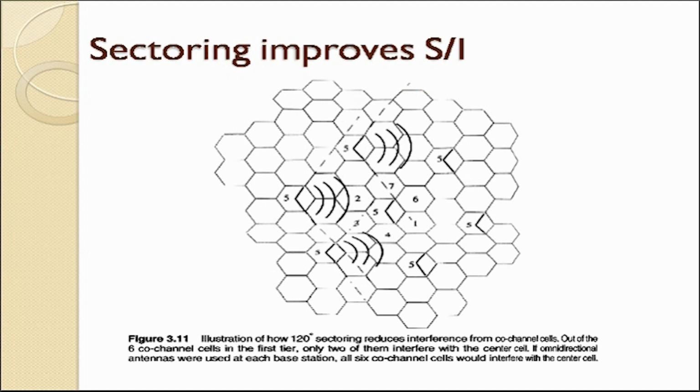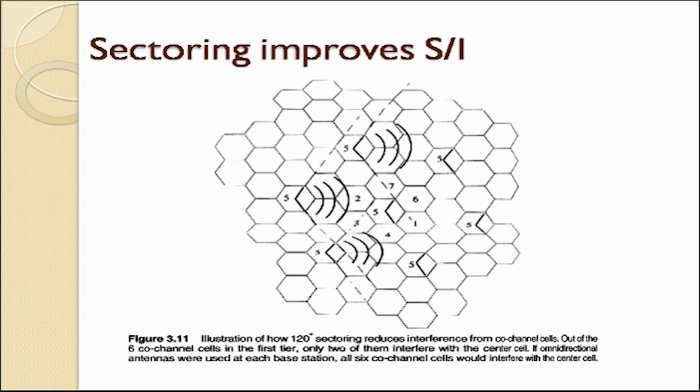Sectoring improves SIR, the signal to interference ratio. This figure explains how 120 degree sectoring reduces interference from co-channel cells. Out of 6 co-channel cells in the first tier, only 2 of them interfere with the center cell.